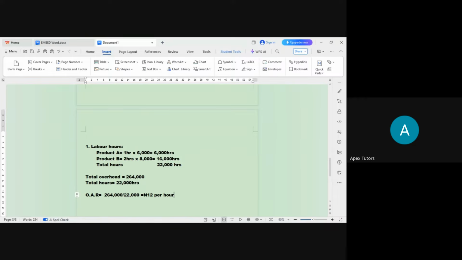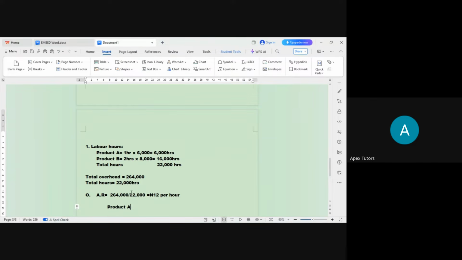This is what you pay per hour. So now, if this is what you pay per hour for product A, how much will you pay based on this overhead absorption rate?